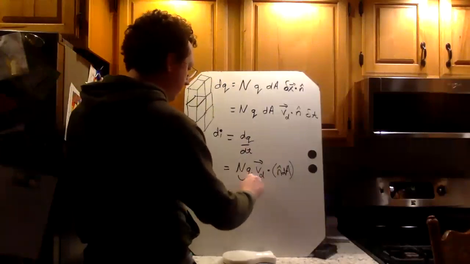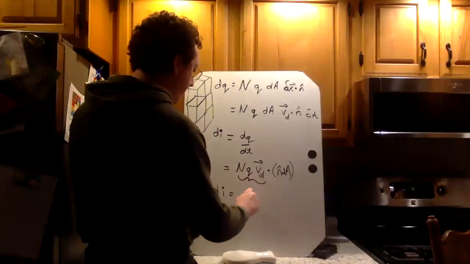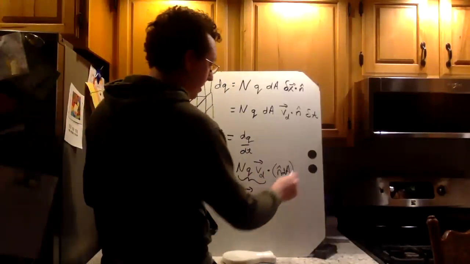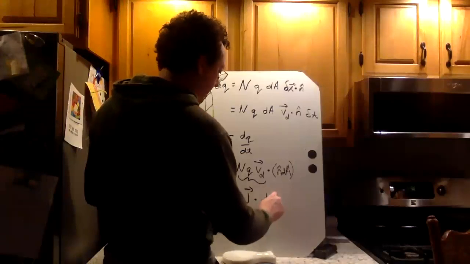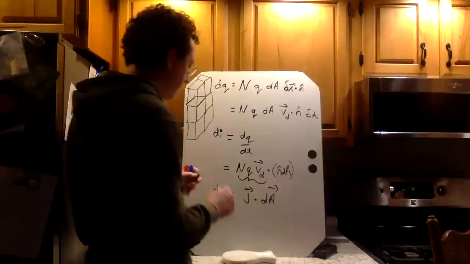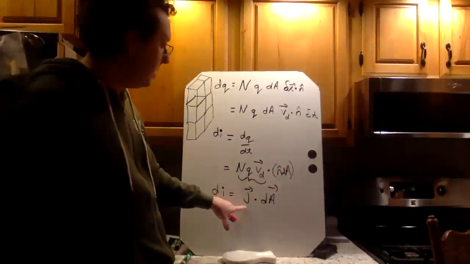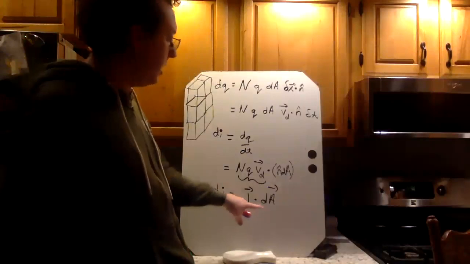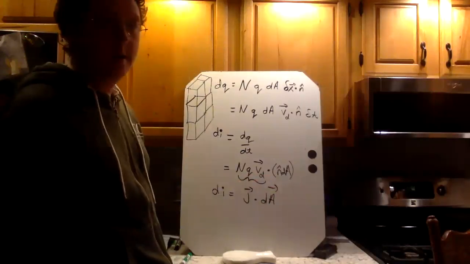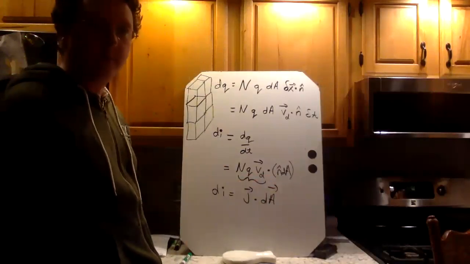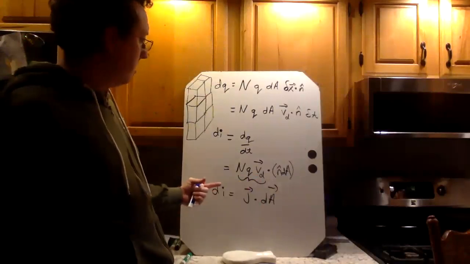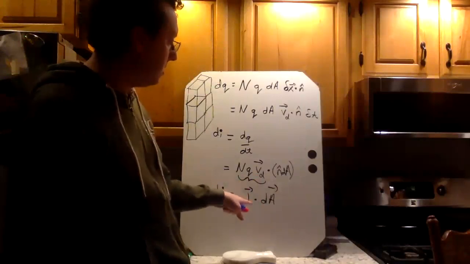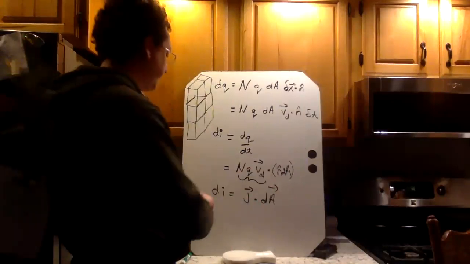Anyway, so this can be written as di equals, now this quantity right here is called J. It's called the current density, and this is nothing other than dA vector. So the current density determines the current per unit area in the direction of a surface. So if you want, you could say the current is the flux of current density through a surface.